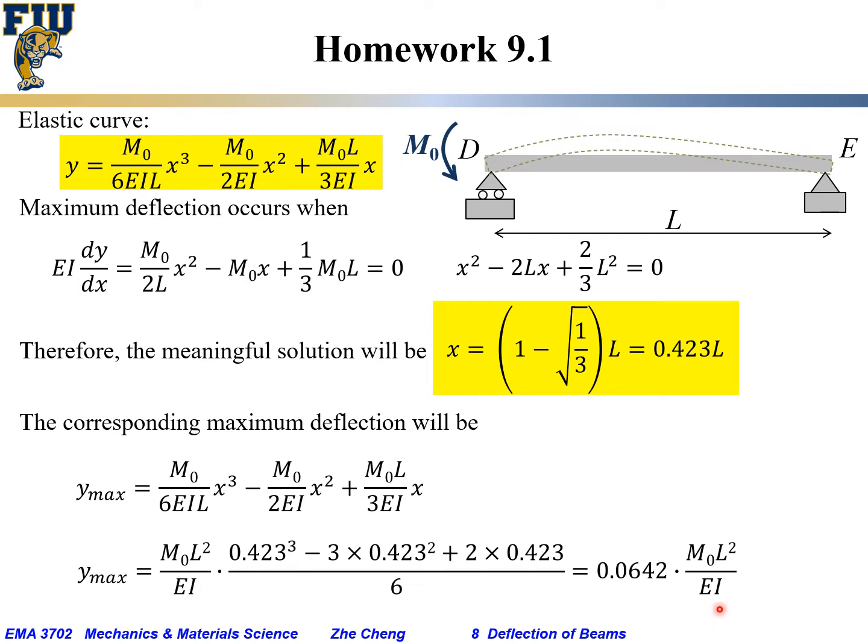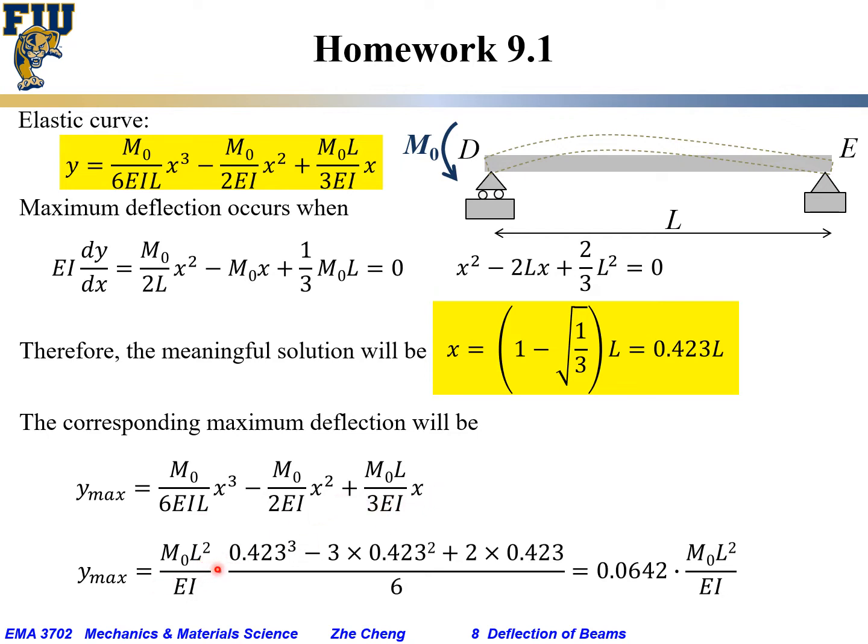Okay, and how do you do that? Of course, for this simplification, you can put m0 in the front, and EI in the denominator. Also put that in the front, and we have 6 at the bottom, and x is L to the power of 3, and this has L here, cancelled, L squared, L squared, L squared.